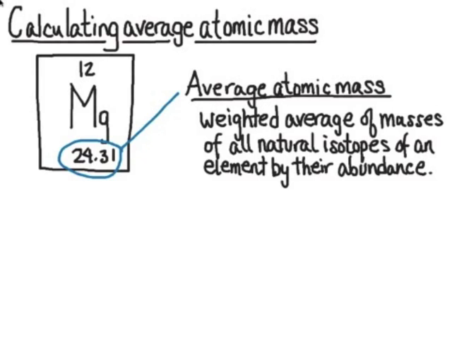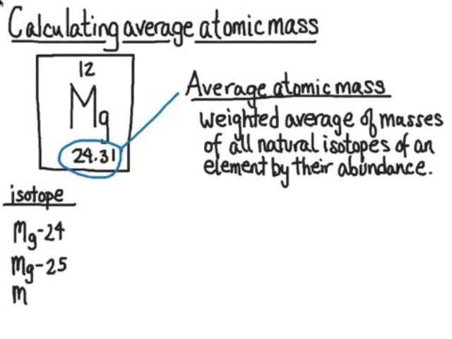This average atomic mass is found by looking at a weighted average, and a weighted average isn't just an average of each isotope. So in order to determine 24.31, I don't just take 24 plus 25 plus 26 and divide that by 3. What I need to do is look at how much of isotope 24 there is naturally, how much there is of isotope 25 naturally, and how much there is of 26 naturally in a particular sample.